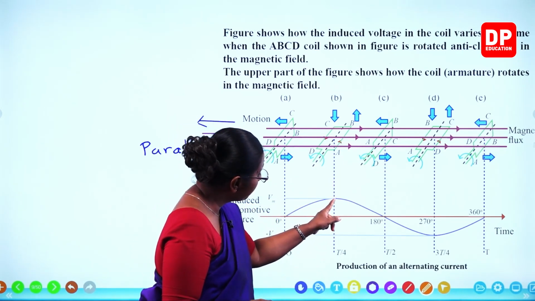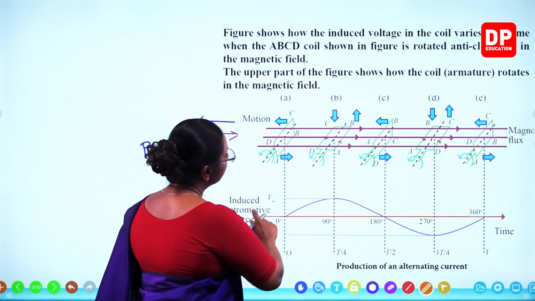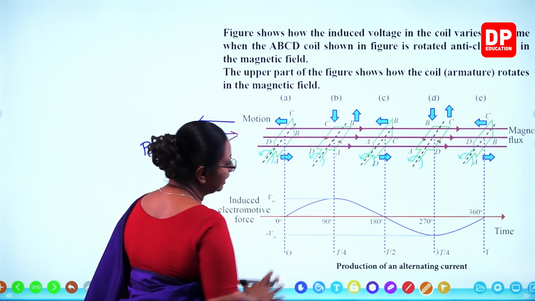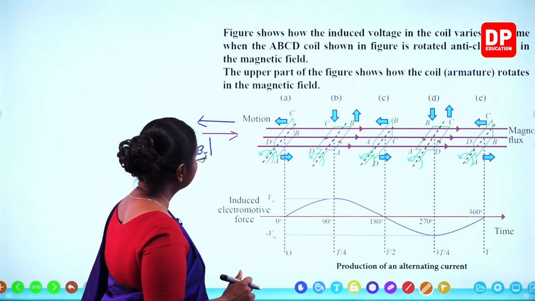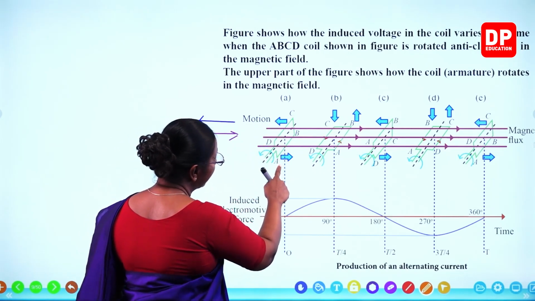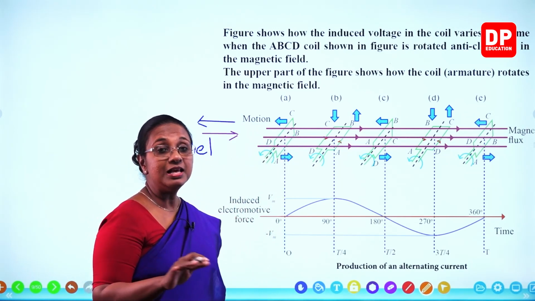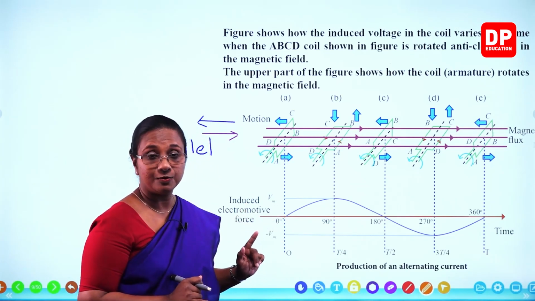There is the maximum induced electromotive force. So students, you all can see you have to compare the coil with the induced electromotive force. So there you can see now in this one, when the motion and the magnetic field lines are parallel, there is zero electromotive force. So here you can see 0.